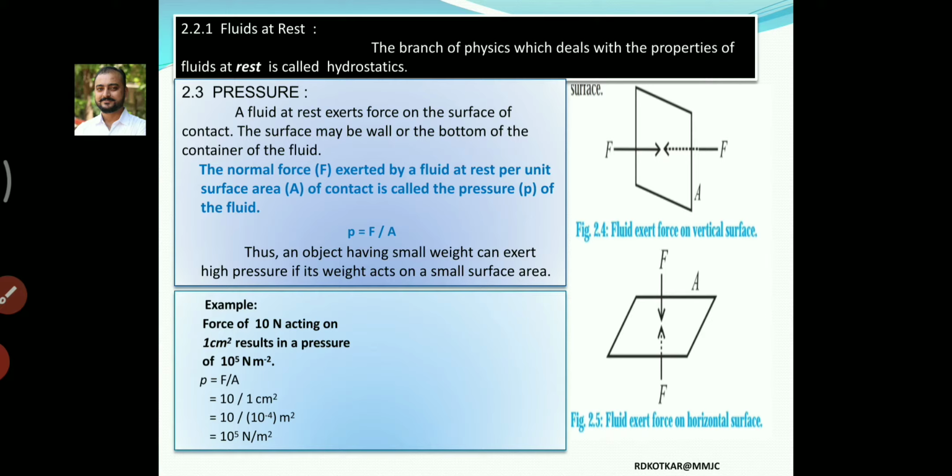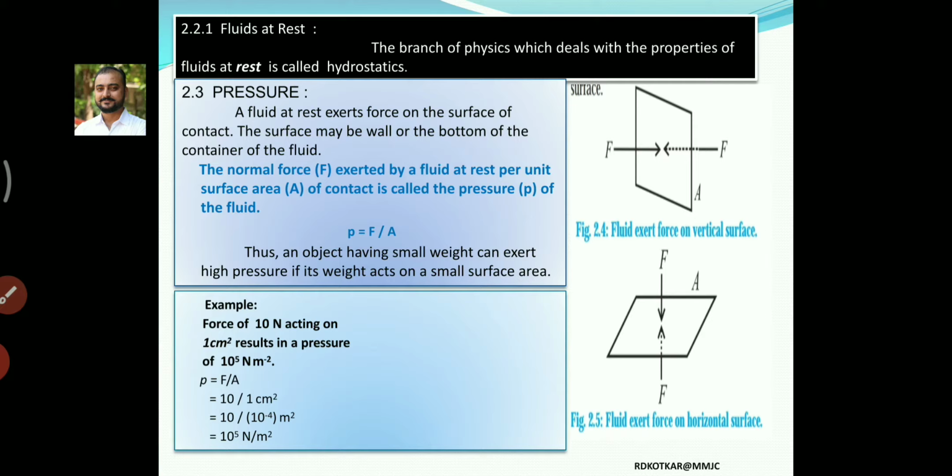Listen, how much is the force acting? 10 Newton. How much is the area? 1 centimeter square. This means an object having small weight can exert high pressure if its weight acts on a small surface area. Here the force acting is 10 Newton and the area is 1 centimeter square.